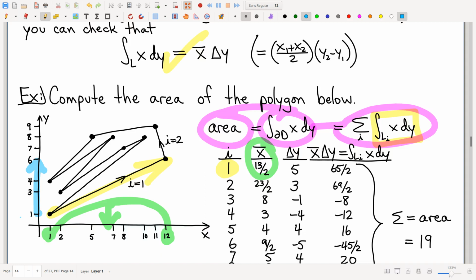That's an increase, not a decrease, right? So end minus start, and that gives me positive 5. And then, using this yellow formula up here, x bar times delta y gives me 65 halves, apparently, for that first line segment. Then repeat for all the line segments, and you just computed the area of that nightmare.